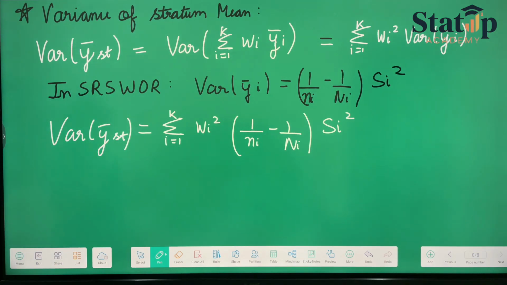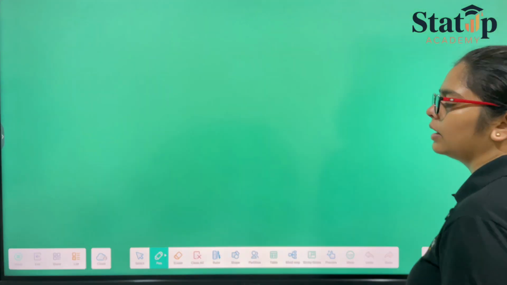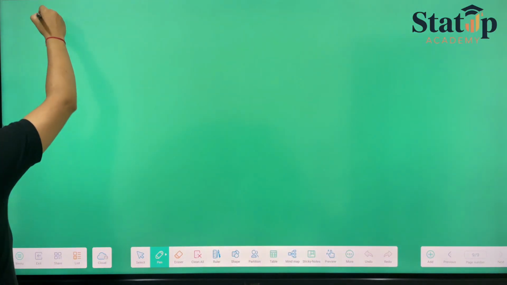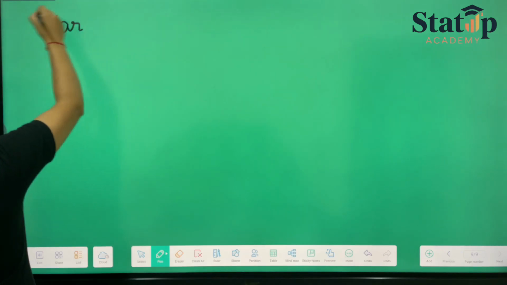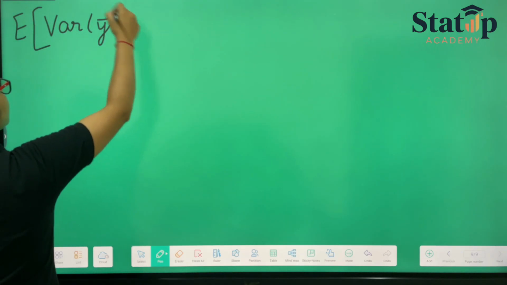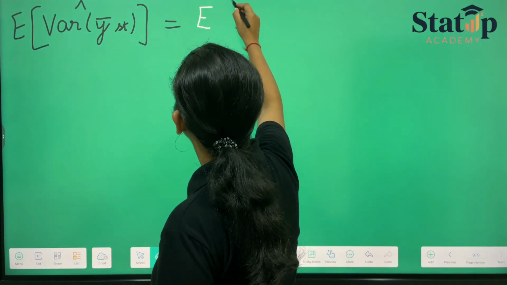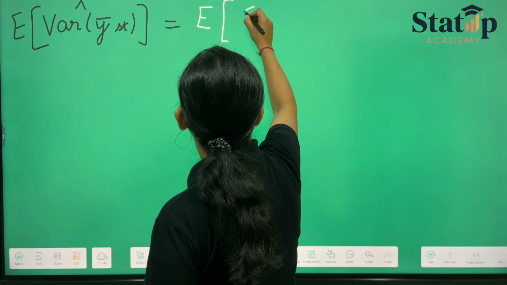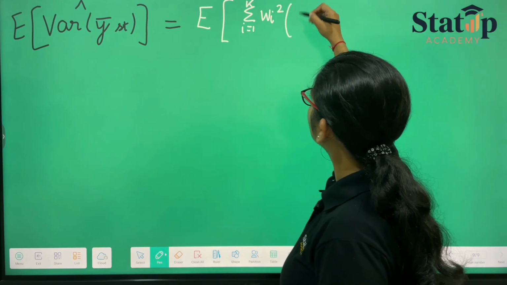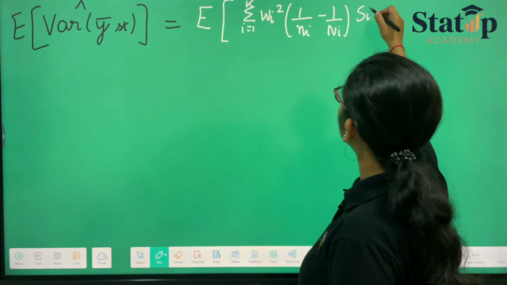Now moving on further to the unbiased estimation of the variance. If we calculate the estimation of the variance of y bar st, it is nothing but the estimation of summation i goes from 1 to k, wi square, 1 upon ni minus 1 upon capital Ni, Si square.